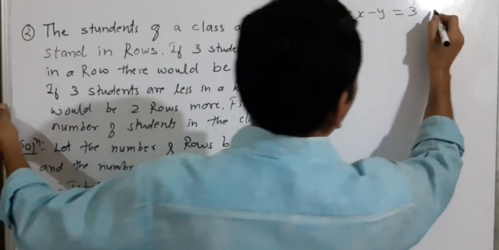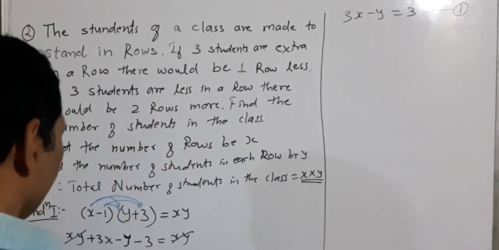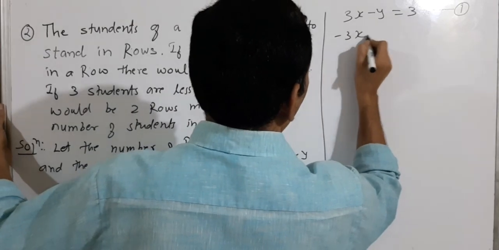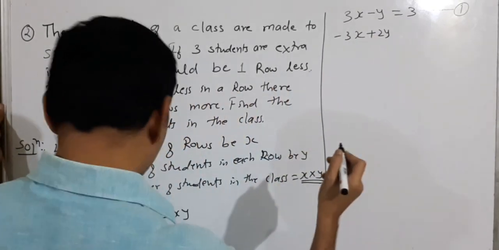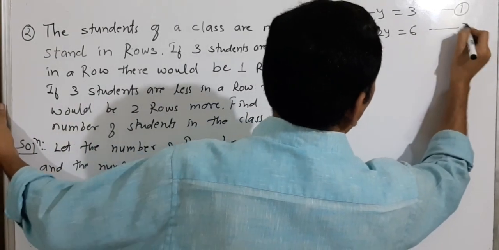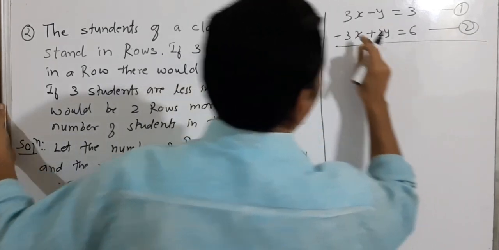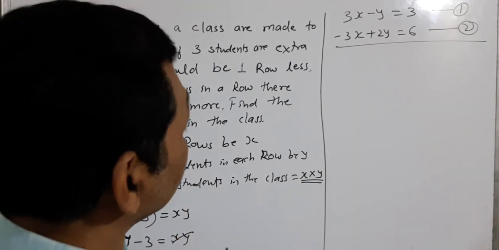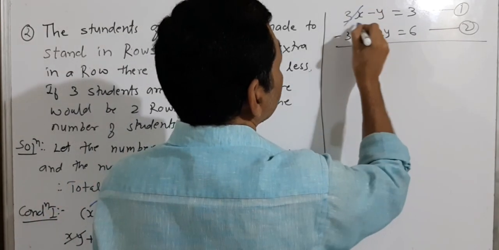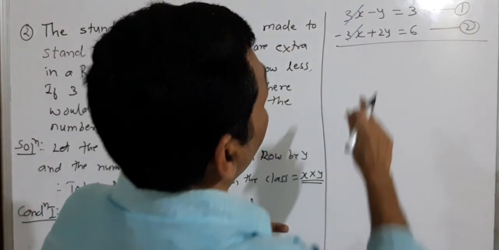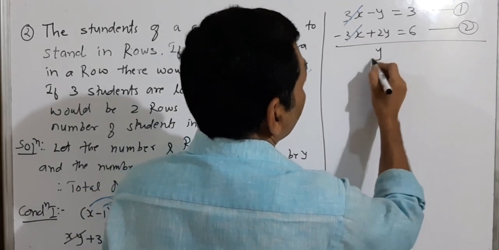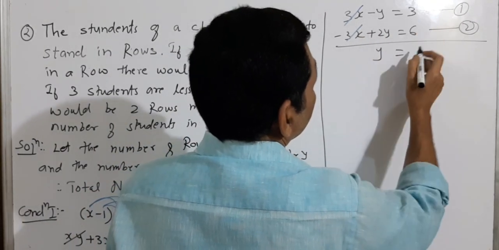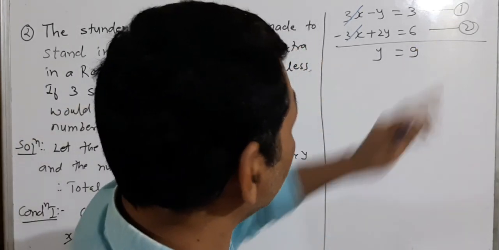And second equation is minus 3x plus 2y is equal to 6. Already here there are 3x and minus 3x, so directly we can do elimination method. We can cancel this plus 3x minus 3x as it is adding. So minus y plus 2y will give us y is equal to 6 plus 3 is 9. So y equal to 9.